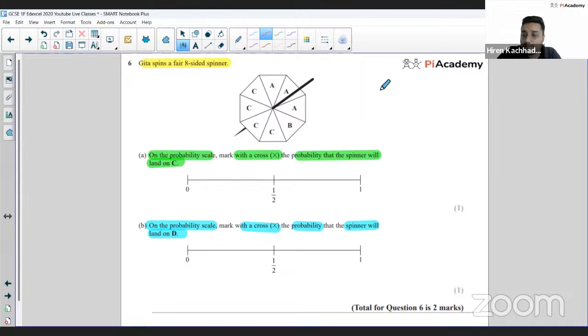And I'm getting an answer from Kohimtur Begum as well, very good. Thank you for your answers. Last 30 seconds, everyone. If you want to submit your answer, please send it to me. Then we will solve together.